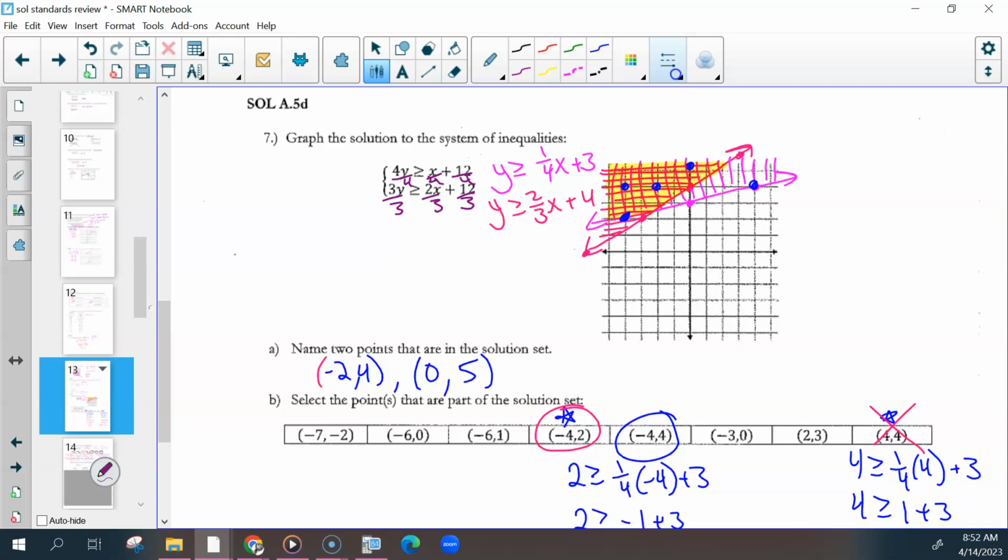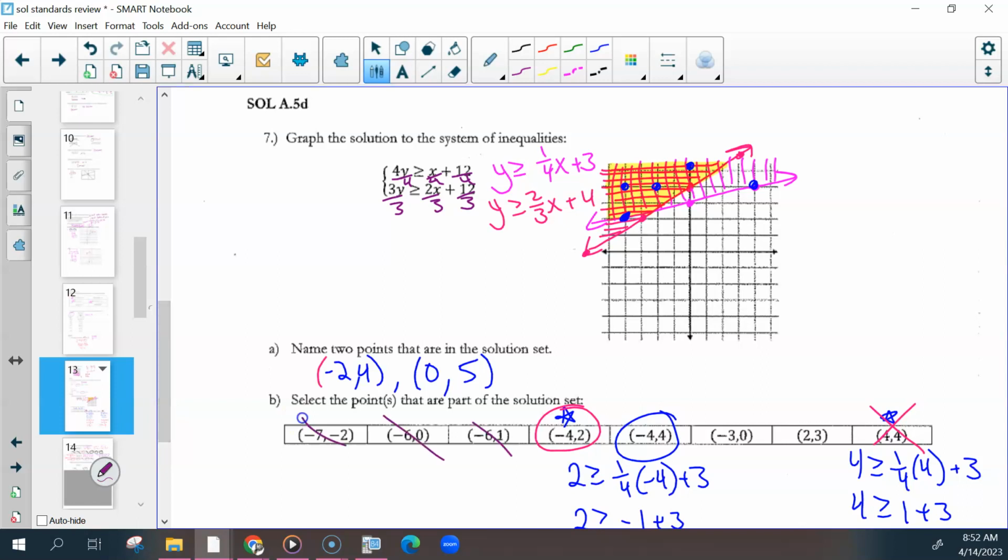Up to you. 3, 7, 1. So if you want to pick different ones, that's fine as long as it falls in the shaded area. Then for part B, you would define points that were also in the solution set.